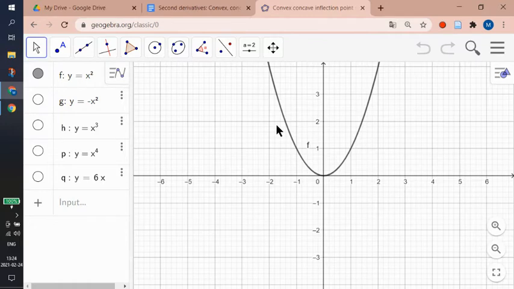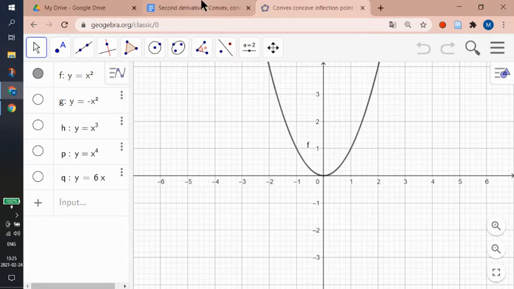I recommend remembering this example, because it's easy to differentiate and see that the second derivative is 2, which is always positive, and it's a graph shape we're familiar with, and the graph is always convex for all values of x.